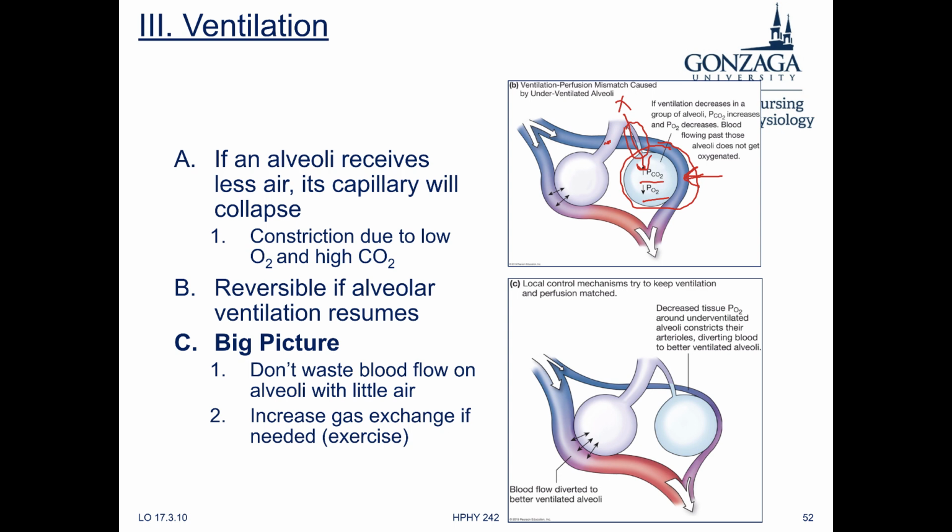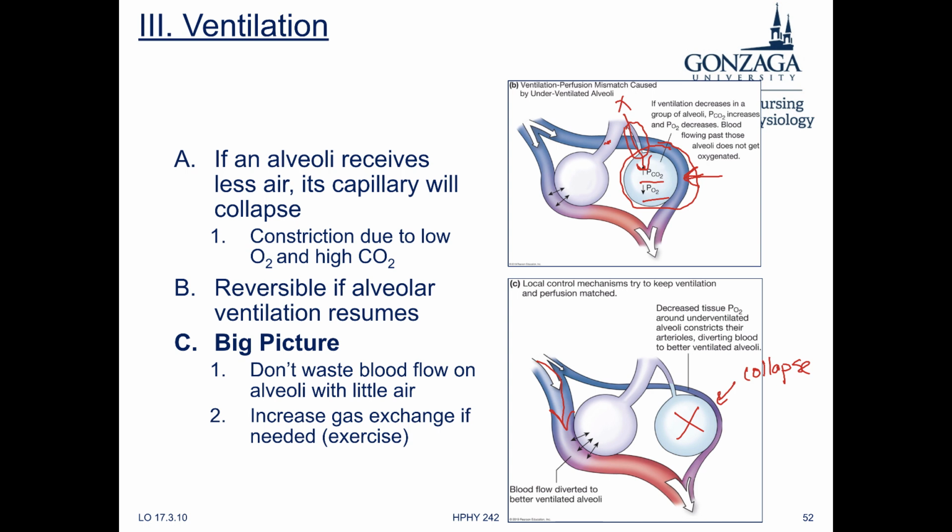So as a result, through local mechanisms, paracrines, it causes this capillary to collapse. Okay? And then that blood is redistributed elsewhere to other alveoli that are well ventilated, and therefore we're promoting proper gas exchange in other areas that are receiving proper blood flow.